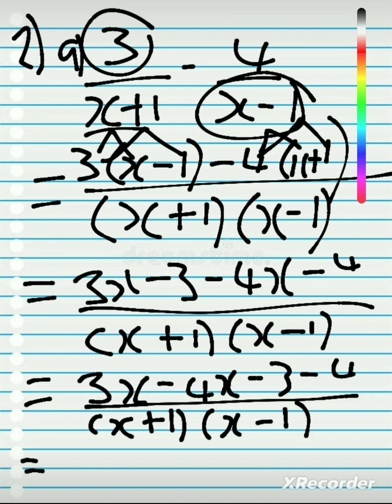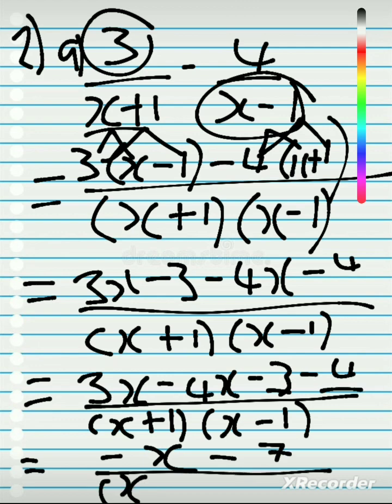Okay, so 3x minus 4x is negative x. Negative 3, negative 4 is negative 7 over x plus 1, x minus 1. Okay, so that's our answer, negative x minus 7 over x plus 1, x minus 1.